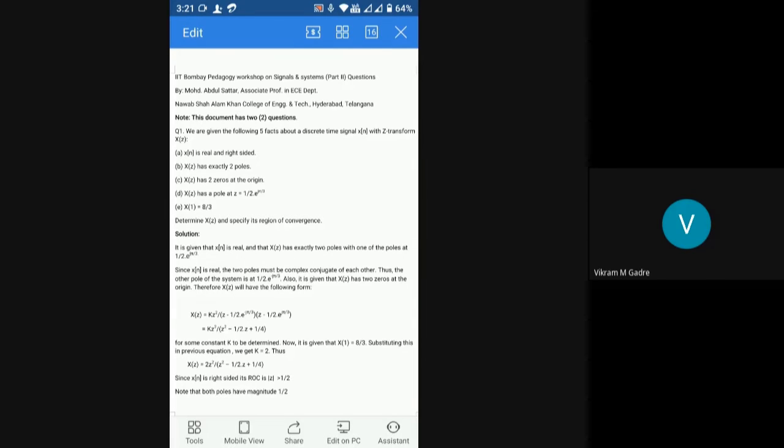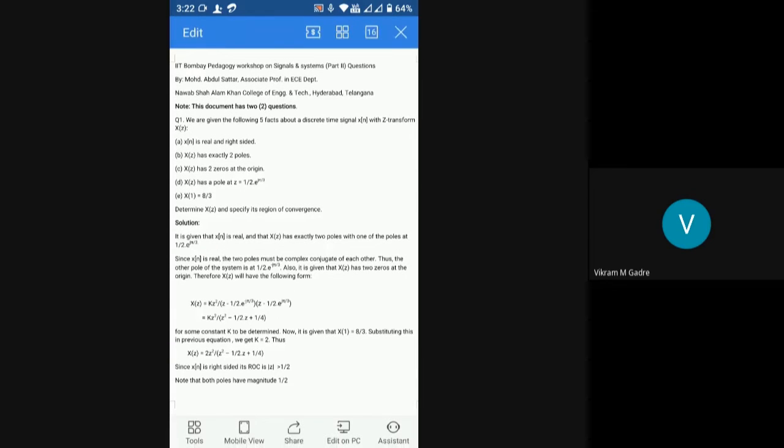X of z has 2 zeros at the origin. X of z has a pole at z equal to 1/2 e^(j pi/3). And X of 1 is equal to 8/3. Determine X of z and specify its region of convergence.